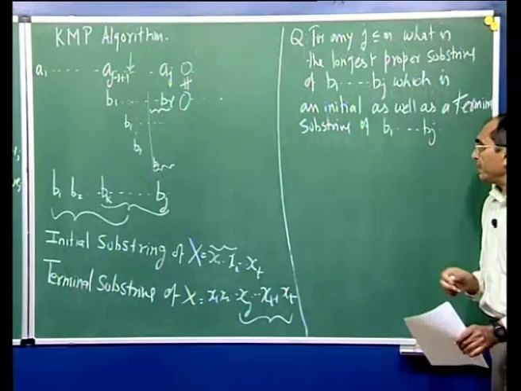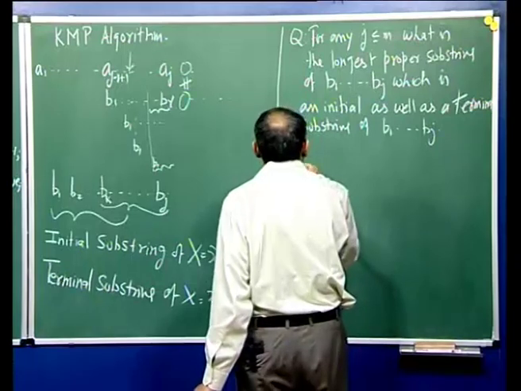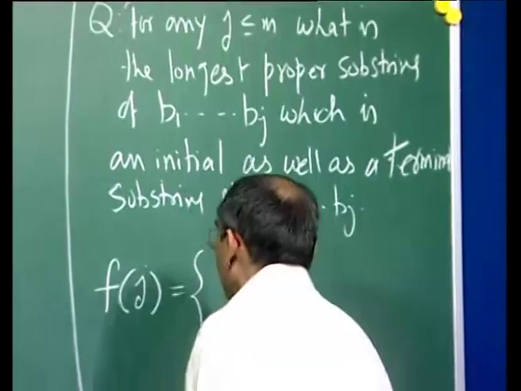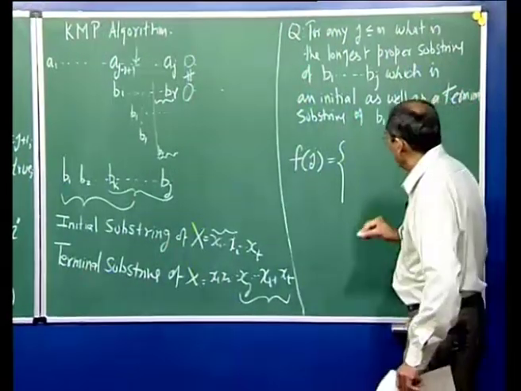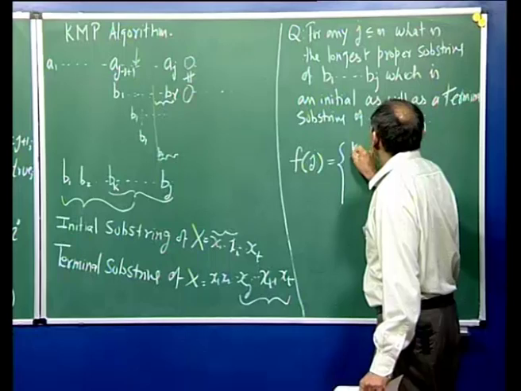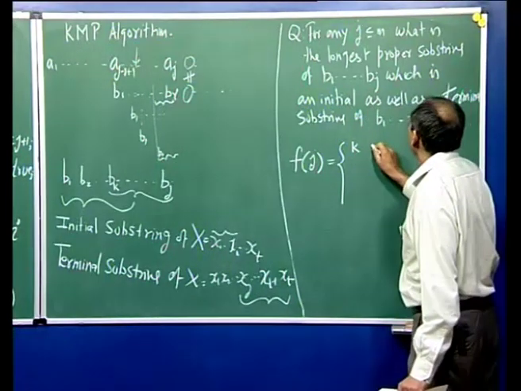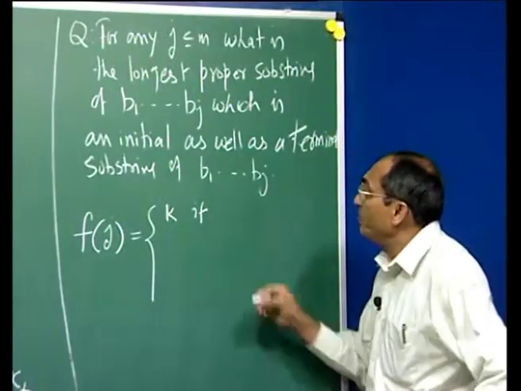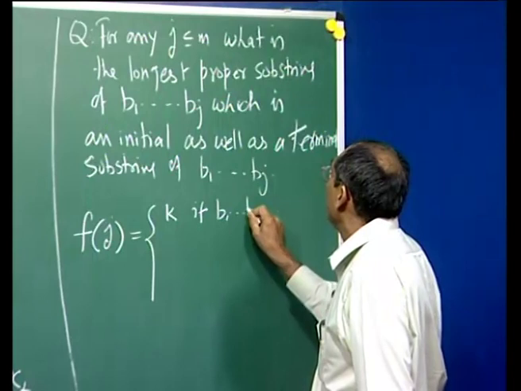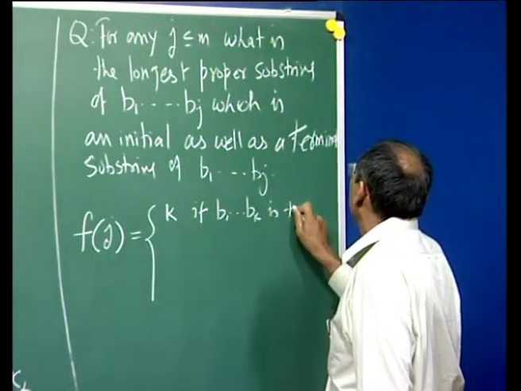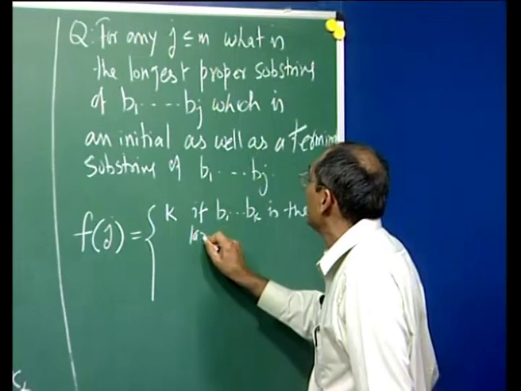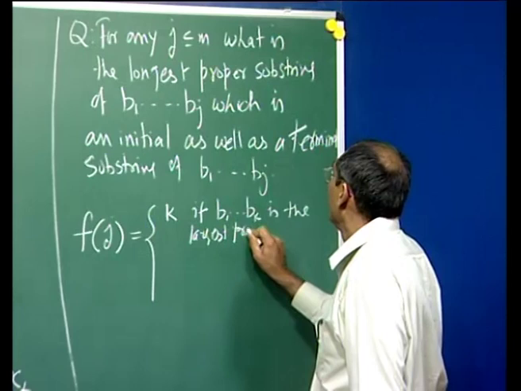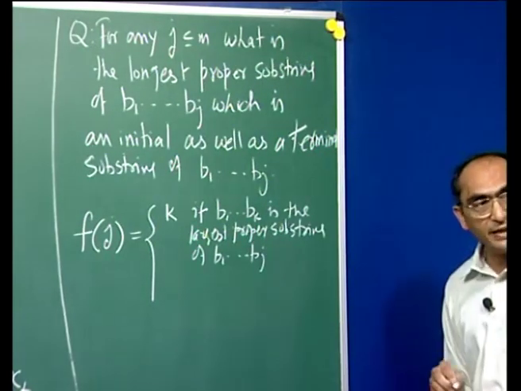So, we will define a simple function f. This would be k if B1 through Bk is the largest proper substring, initial and terminal.